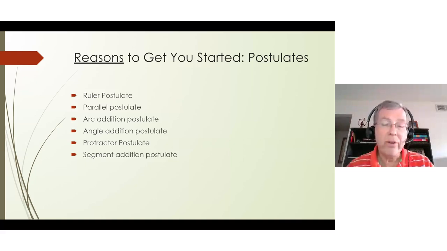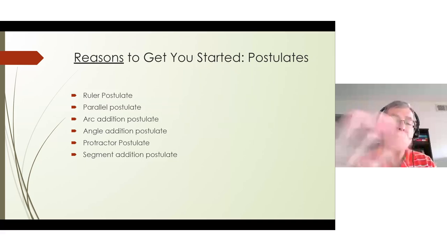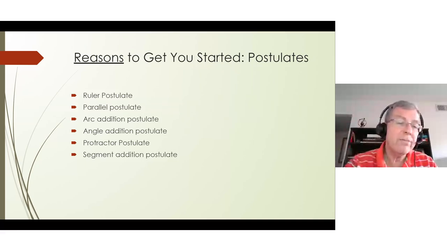Very basic. We give a name to that, the ruler postulate. One inch plus 1 inch, doesn't matter where they come from. 1 inch of anything plus, well, it's got to be the same thing. 1 inch of a hot dog and another inch of a hot dog equals 2 inches of hot dog. That's the ruler postulate. So then you'll see more examples. That's kind of a fun one.